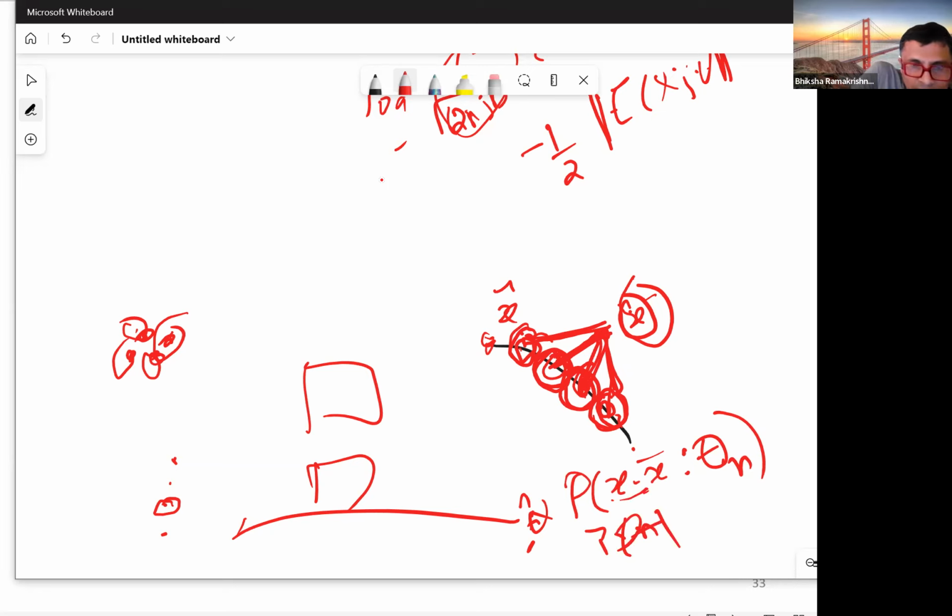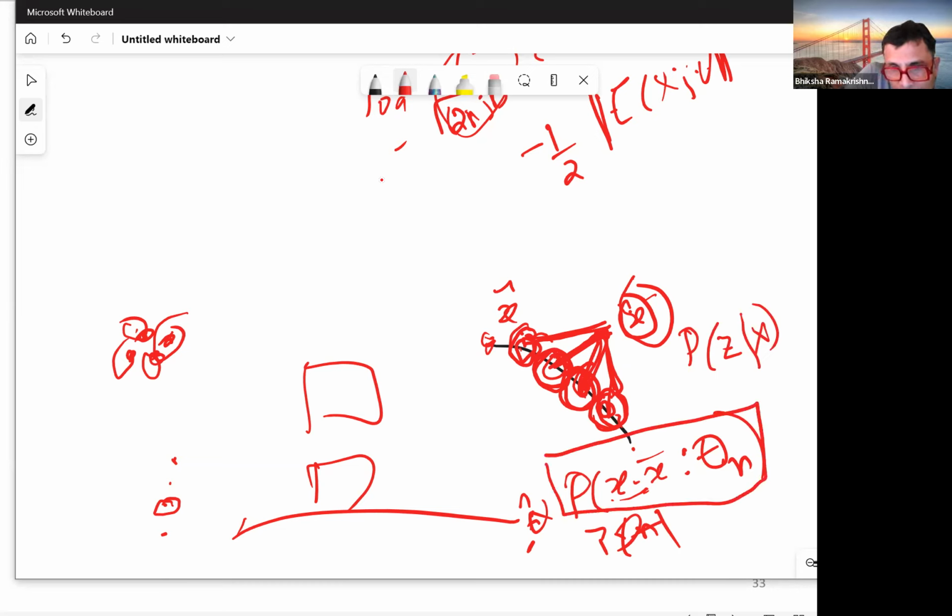In other words, the probability of any given Z that I'm going to be using for any particular training sample is the probability of Z given X, which is basically this term. Probability of Z given X is saying: what is the probability of the X hat that I got from the Z, since the X came over here, X minus X hat.